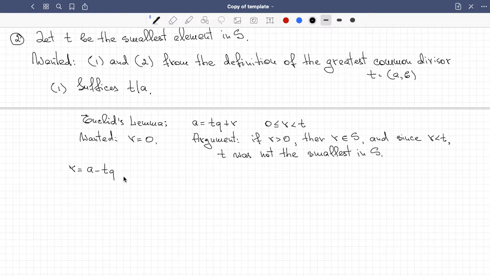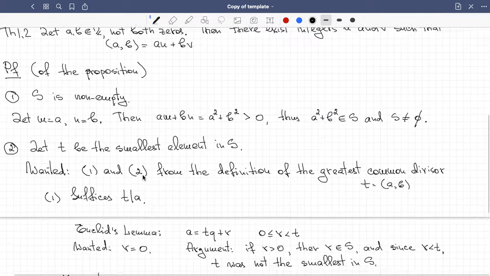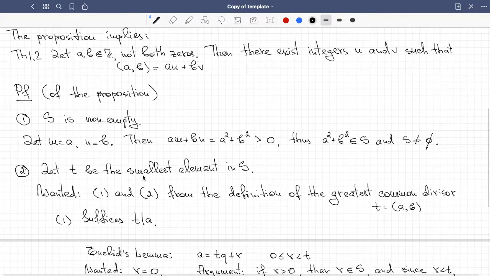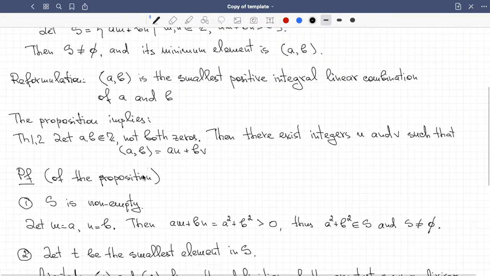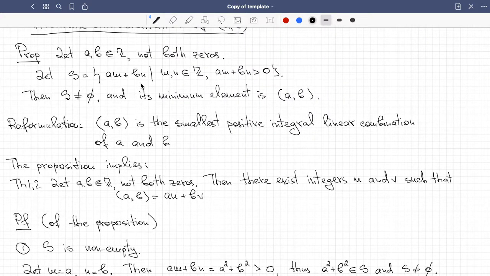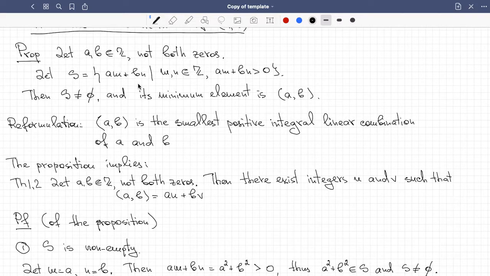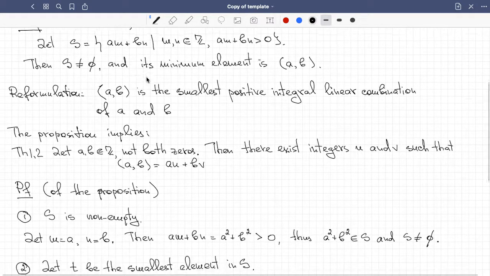T, the smallest element in S, is an element in S. So we can write T as any element in S. We can write AU plus BV, A times integer plus B times integer. Every element in S can be written this way.